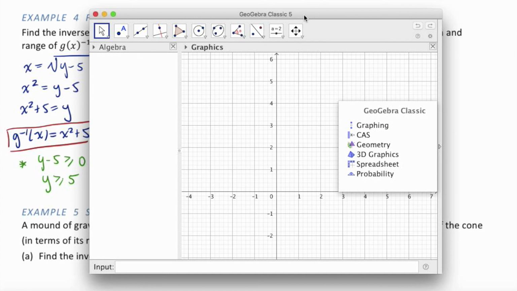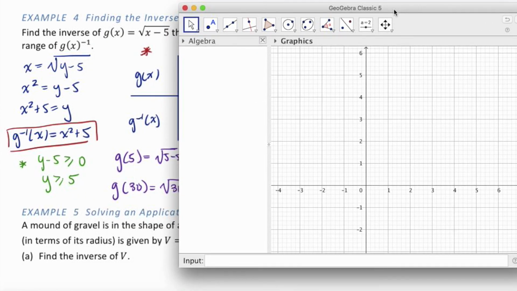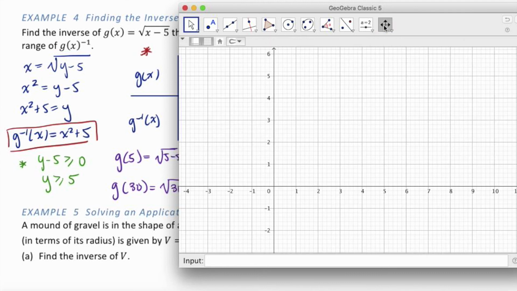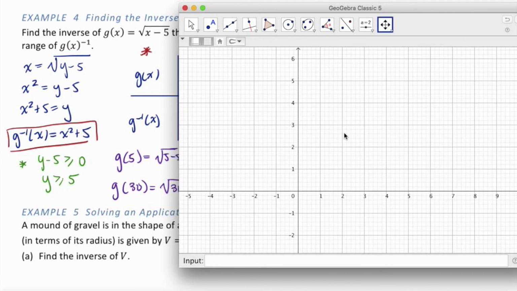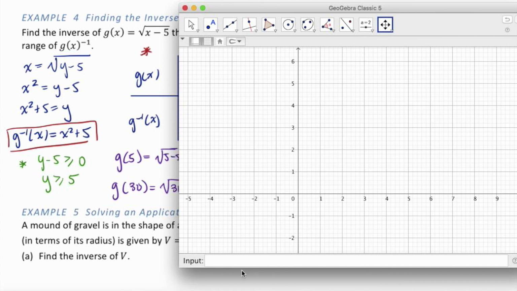So let's leave it here at graphing, and I'm going to give us some space so we can see our original function. And I'm going to change it to graphing mode and get a window that works. So I'm going to start by graphing y equals the square root of x minus 5.